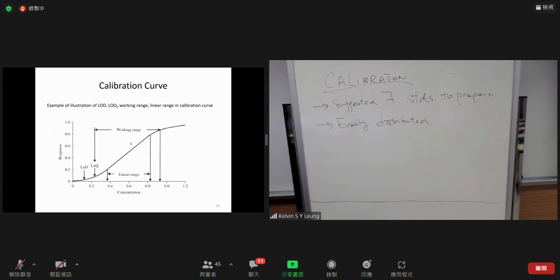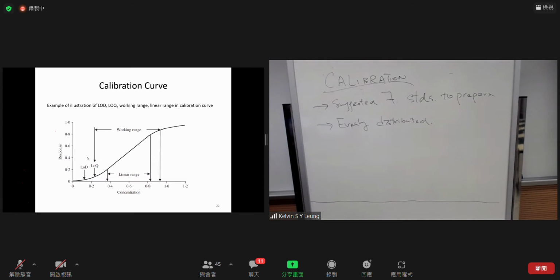The working range starts from the point of the LOQ. As I mentioned just now, the LOQ is at a certain level at which you can comfortably report the amount that you have detected.